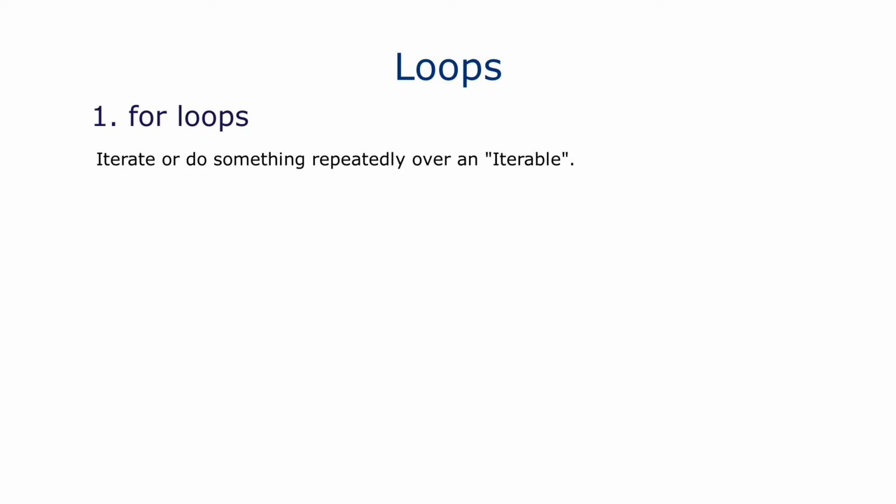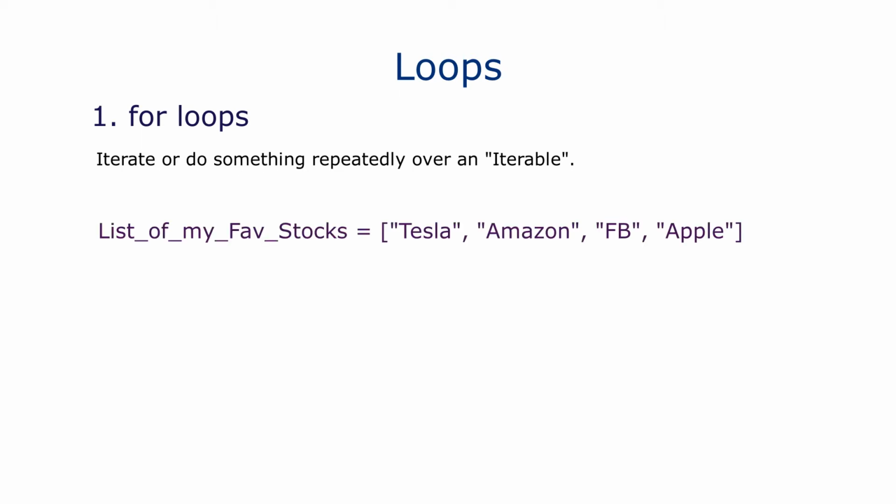Now, what is an iterable? An iterable is a thing, an object, that can return one of its elements at a time. For example, a list is an object. Even the word hello, which consists of H-E-L-L-O, is an object.